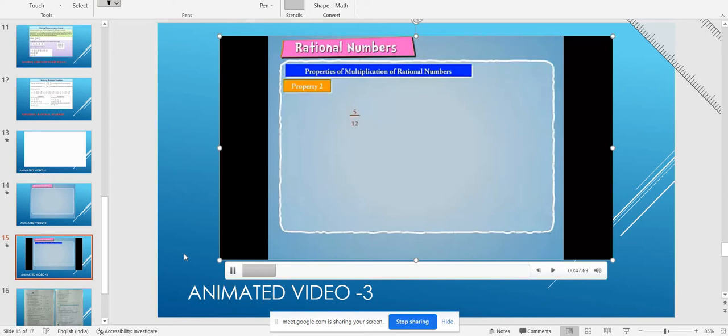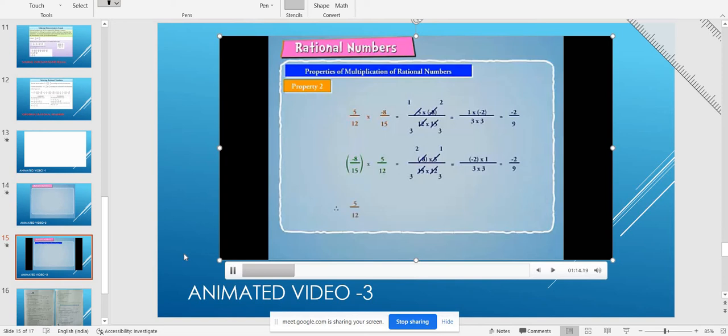5 by 12 into minus 8 by 15 is equal to 1 into minus 2 by 3 into 3, which is equal to minus 2 by 9. Also, minus 8 by 15 into 5 by 12 is equal to minus 2 into 1 by 3 into 3, which is equal to minus 2 by 9.